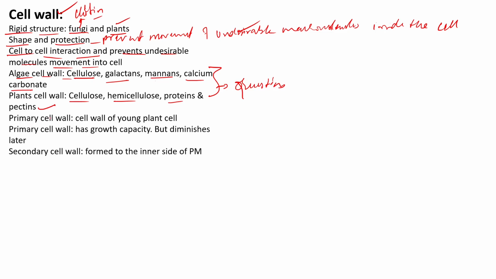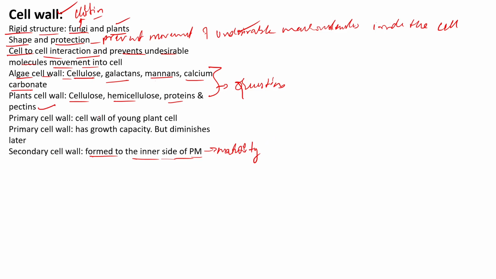So here, in the case of the cell wall, you mainly find two types of cell wall, that is the primary cell wall and the secondary cell wall. The secondary cell wall is mainly formed on the inner side of the plasma membrane, and it is mainly associated with maturity. As the plant cell starts to grow and achieves maturation, only then do you see the formation of the secondary cell wall.